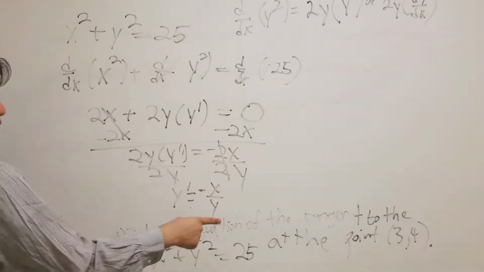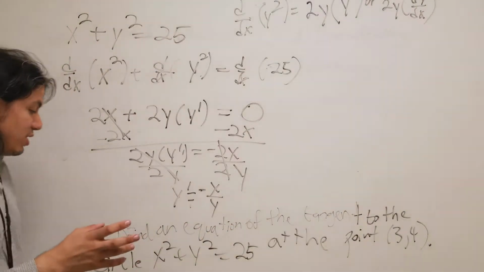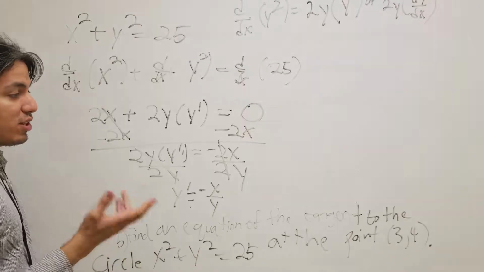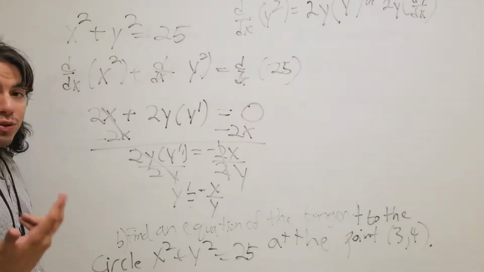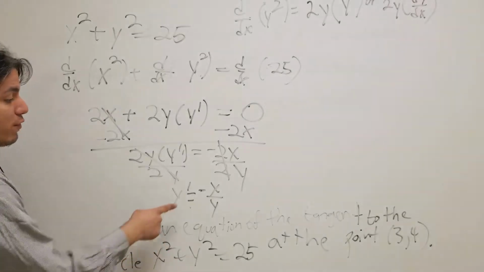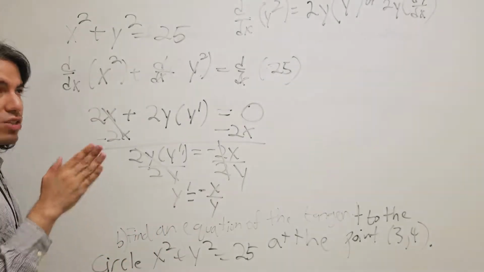Then the second part, remember, we're not finished yet. It says find an equation of the tangent line to the circle x squared plus y squared equals 25 at the point (3, 4). To find things that are tangent, you're finding the slope, m.